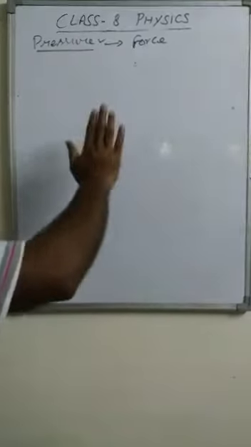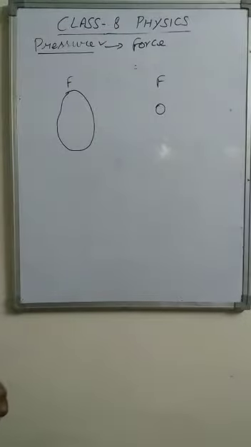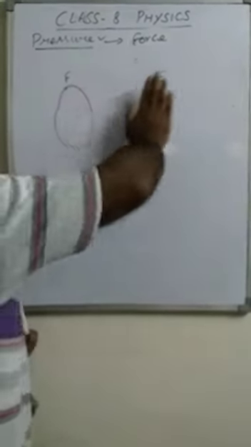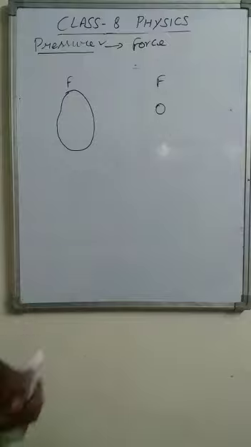The second method is I can apply the same force with my finger also. Here the force is applied on this much portion. So I applied the force on this board and the same force on this board. And you see that in both the cases, we feel different effects on our hands.